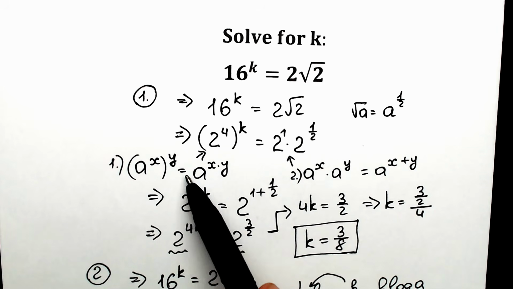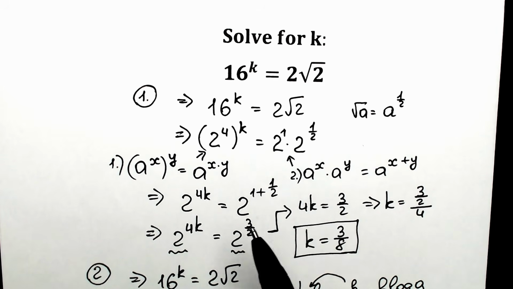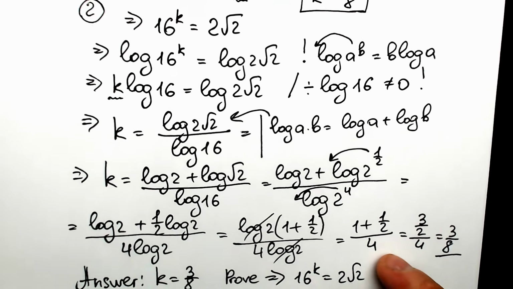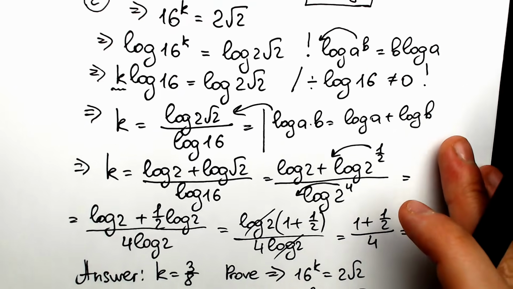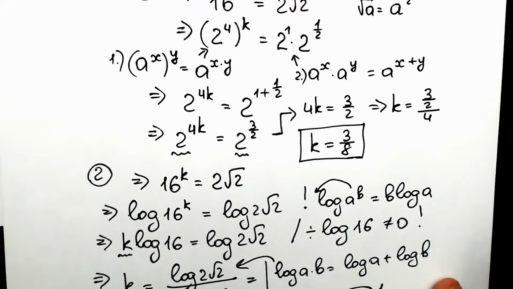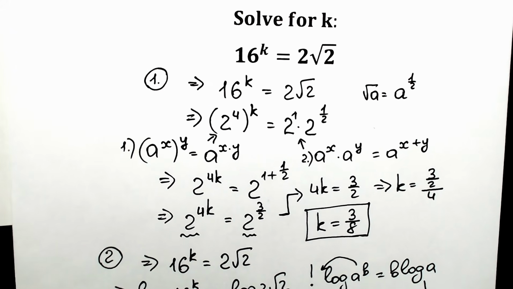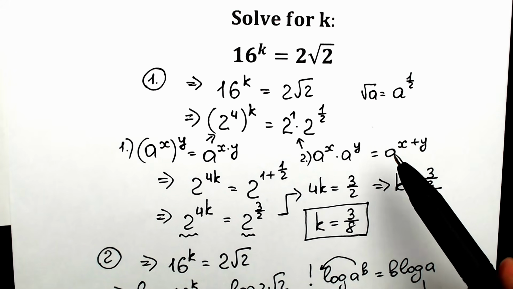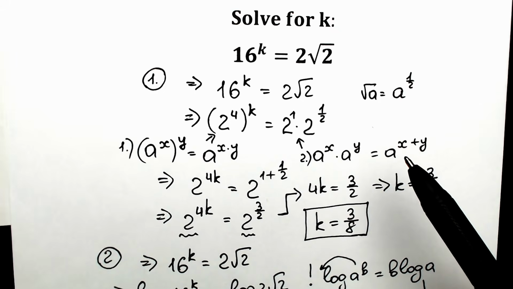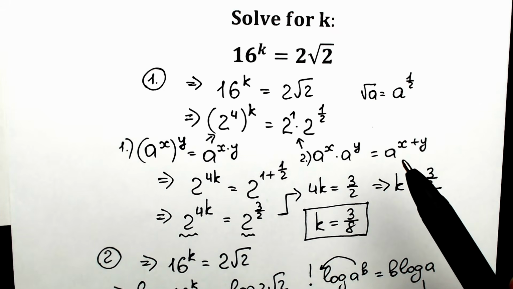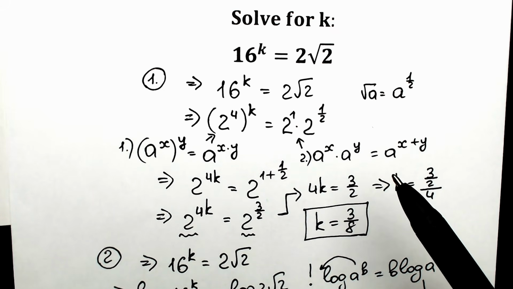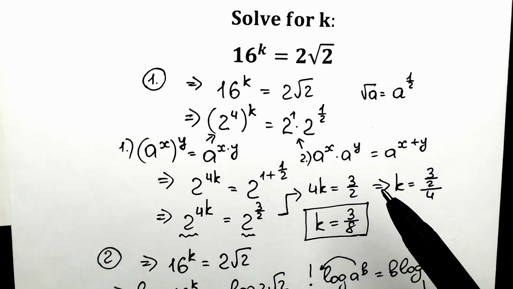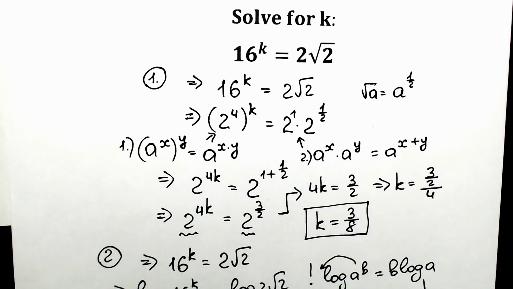Right here we have the first property, a second property. We have some algebraic thing. We have proportion. Right here we have log property. So this is an extremely great question for those who want to practice power rules. So if you're struggling with it, you can also pause the video and try to solve this question on your own, and then we will check your answer. Just trust me, this is an extremely great question to improve your algebra skills.